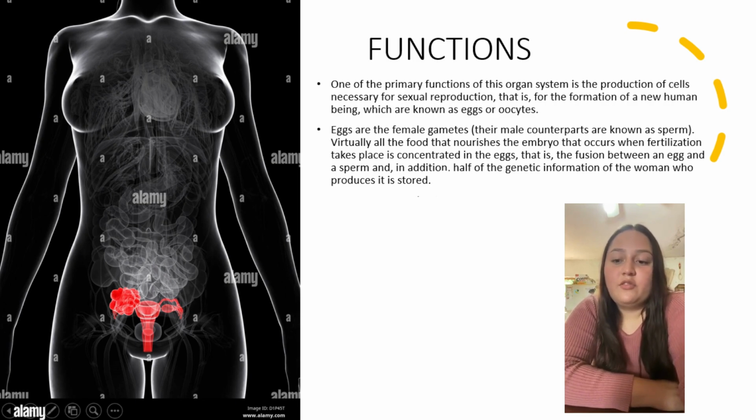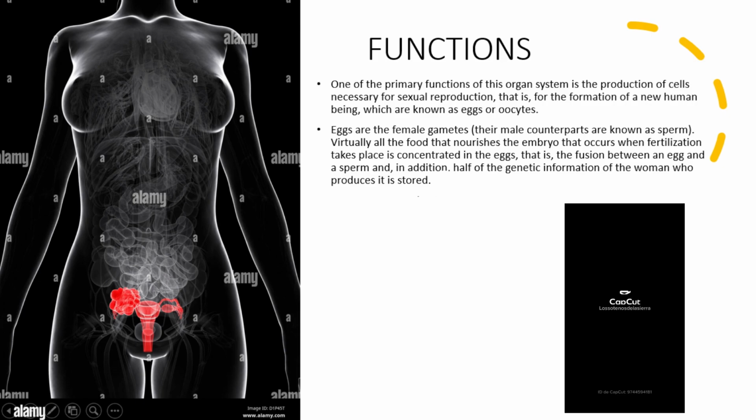Virtually all the food that nourishes the embryo that occurs when fertilization takes place is concentrated in the eggs, that is, the fusion between an egg and sperm, and in addition, all of the genetic information of the woman who produces it is stored.